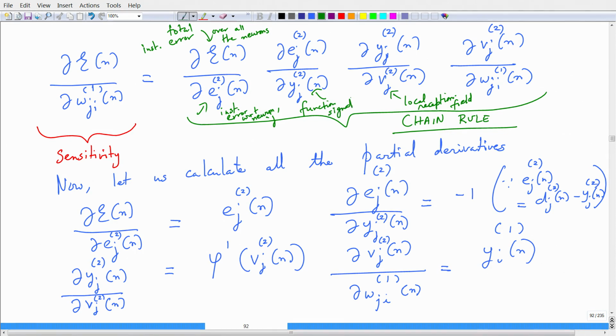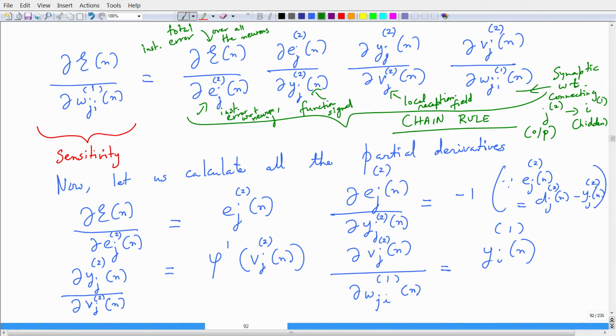So, you take the derivative of the function signal with respect to the local reception field and then the local reception field with respect to the synaptic weight connecting neuron j in the second layer to neuron i in the first layer or the hidden layer. So, this is hidden, this is output. I think this becomes pretty clear, right.